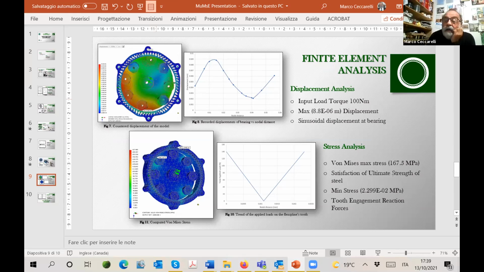He could find values that are well below the capability of the material that he assumed to build this component.